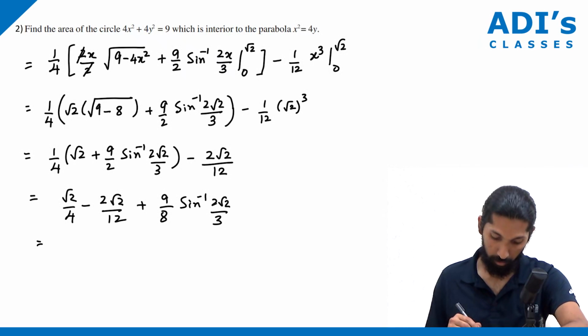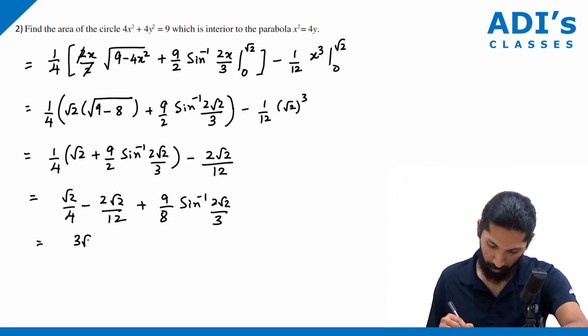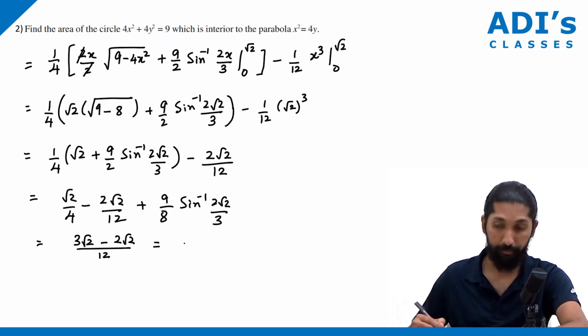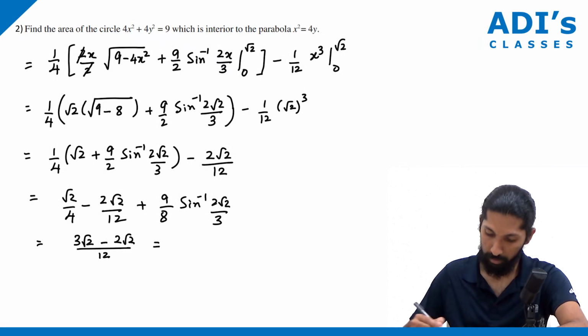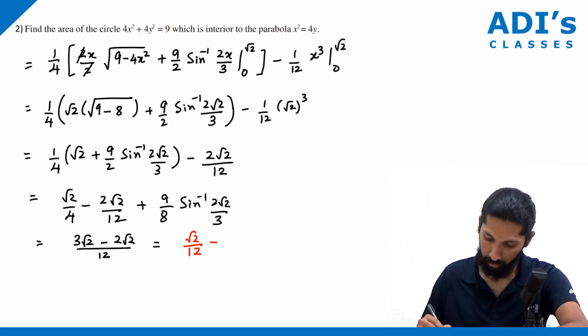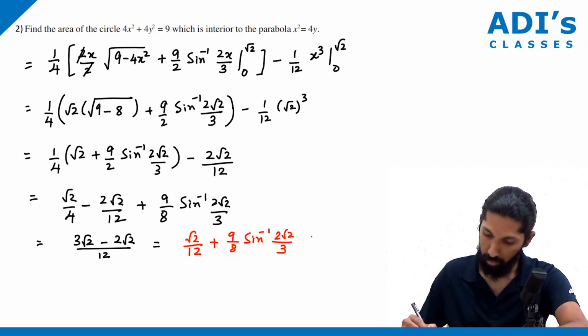Then this becomes 3 root 2 minus 2 root 2 divided by 12, so the final answer becomes root 2 by 12. So the final answer is root 2 by 12 plus 9 by 8 sine inverse 2 root 2 by 3 square units.